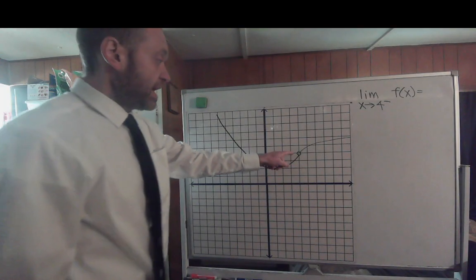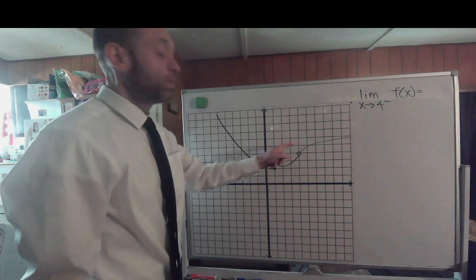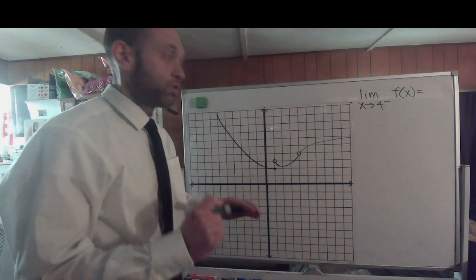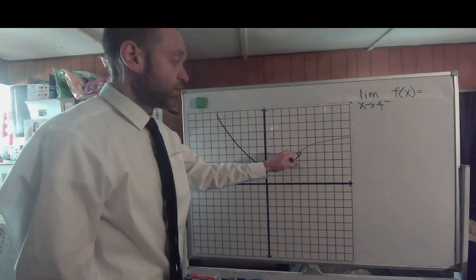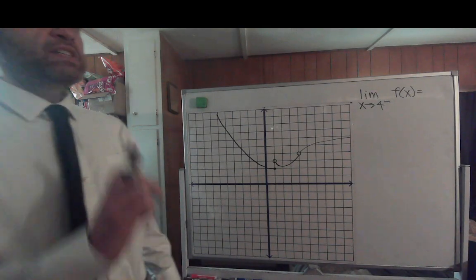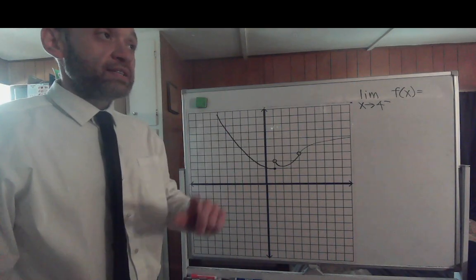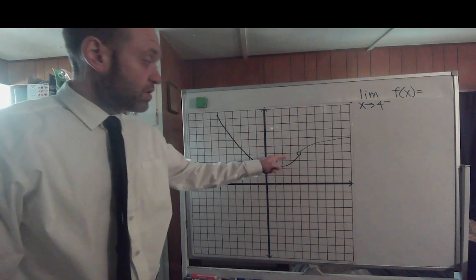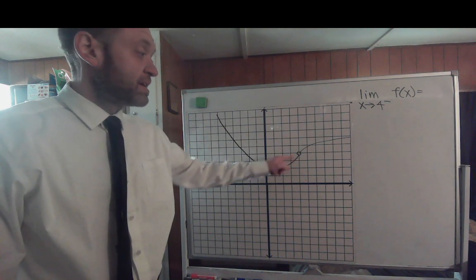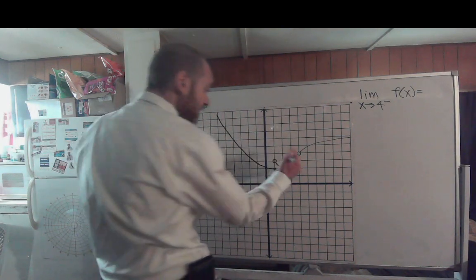If you look at x equals 4 itself, you have a hole in the graph. What does that mean when you have a hole in the graph at that point? That means it's not actually defined at x equals 4. However, that doesn't matter. If you go from the left-hand side, you trace along the graph going from the left. Why don't I put that in blue?